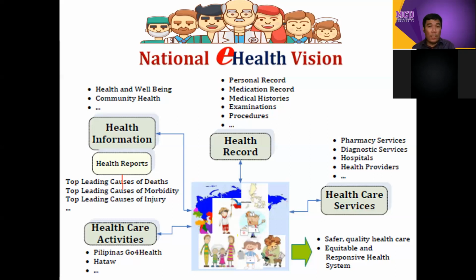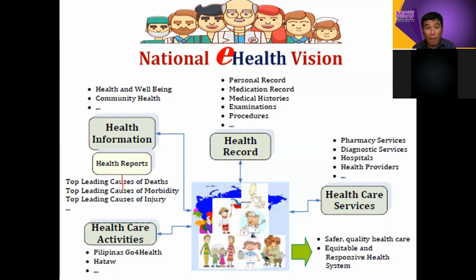Unlike if this national e-health vision will be in place, they could actually know where to access this drug, with these pharmacies, or examinations available in diagnostic centers. And even during the time of the pandemic, we had a hard time getting admissions in most of the hospitals. So there were some hospitals posting advisories that they are at full capacity.